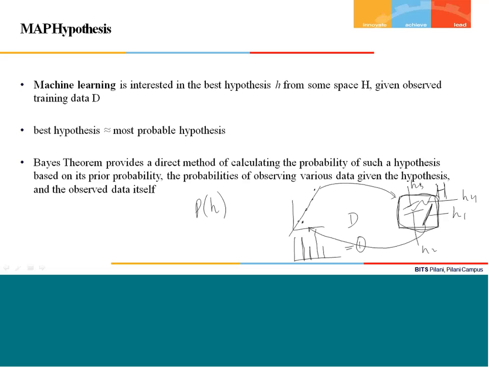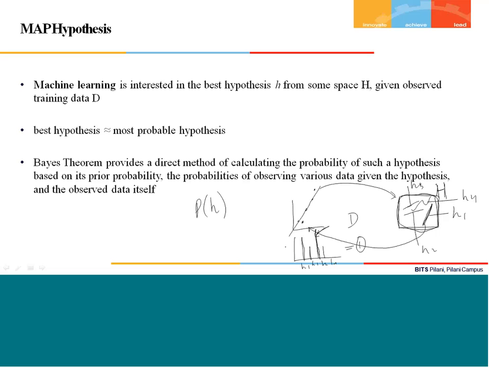So now you can see that the prior probability of choosing any hypothesis H1, H2, H3, and H4 is decided by this prior probability. According to the prior probability, my highest probability of choosing a hypothesis is H3.